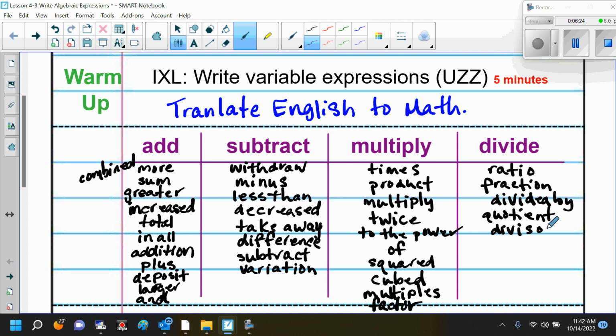What if you want to share an apple? You're going to cut it in half. Any of those other fractional words like half, fourths, thirds, that's going to be division also, right? Split or share. Let's put share in there. Dividend and divisor.